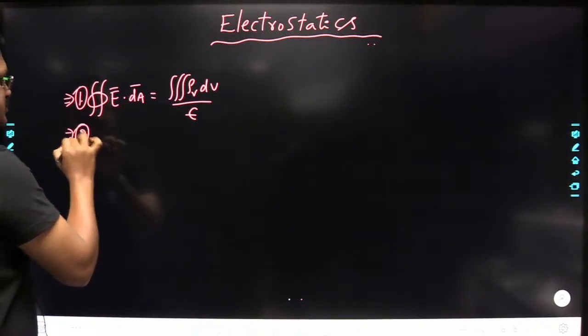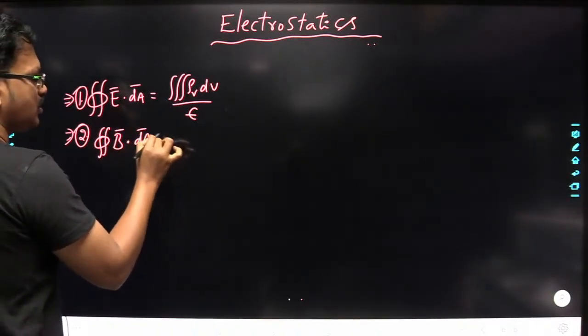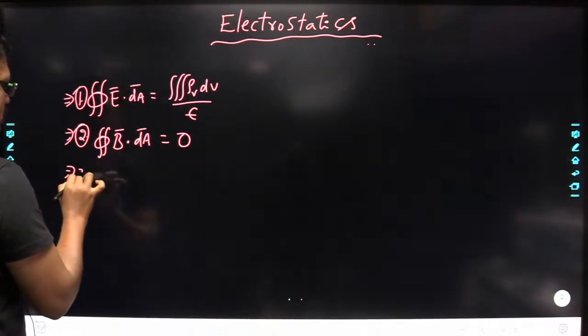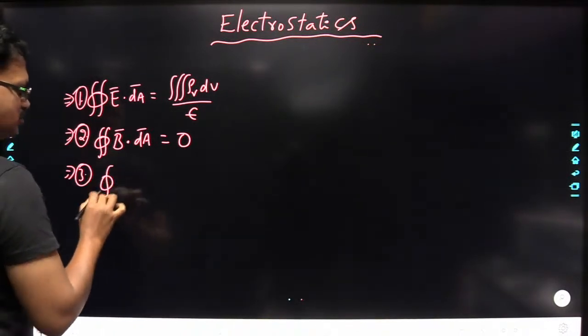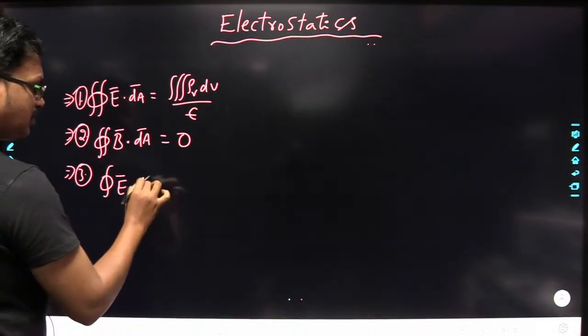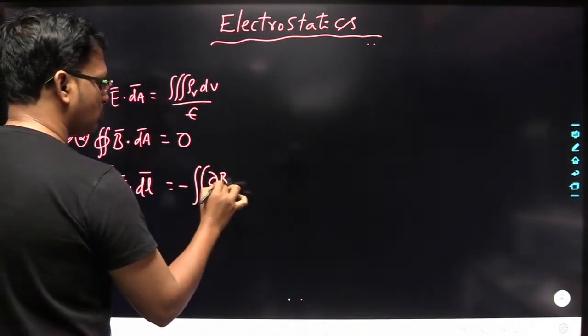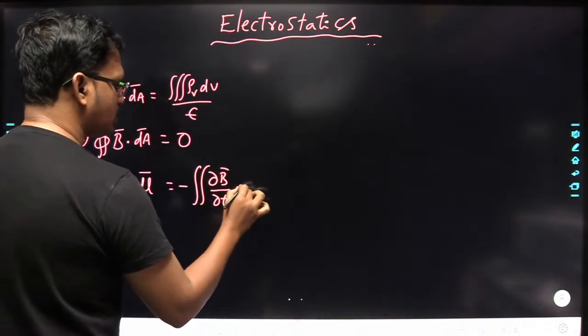Okay, so the second Maxwell's equation I can write: the closed surface integral of B dot dA is equal to 0. And the third one, the circulation of electric field around any closed loop is equal to minus the double integral of ∂B/∂t dot dA.